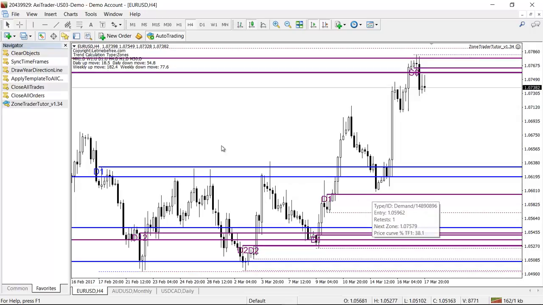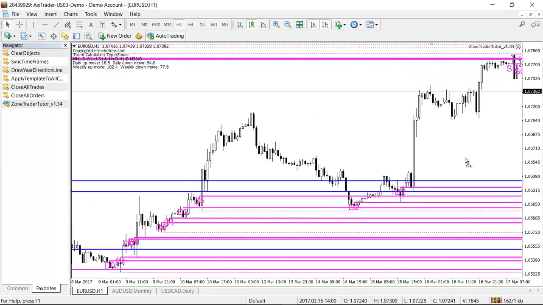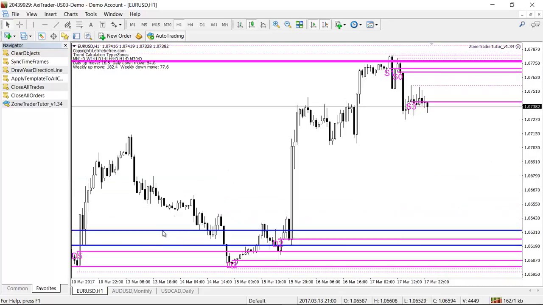So here we've got these weekly demands, so all these demands actually fall inside a weekly one. Same on the 1 hour, I've got all these demands in there, and one of these will probably be a supply zone as well, which is the reason why we're actually seeing these supply zones here.